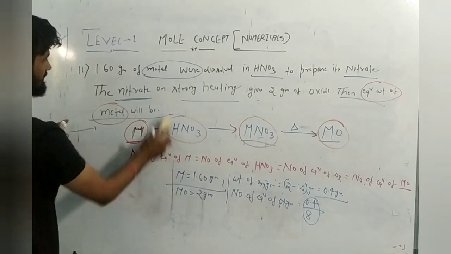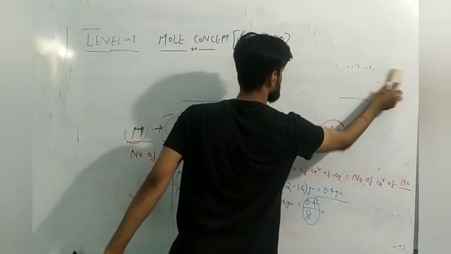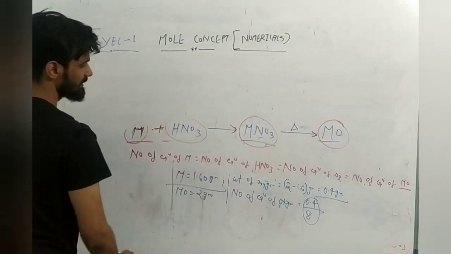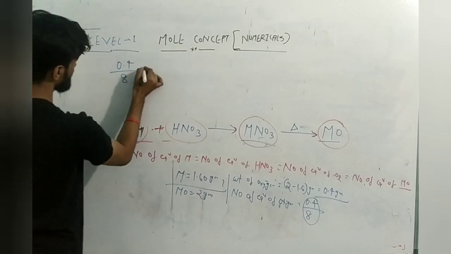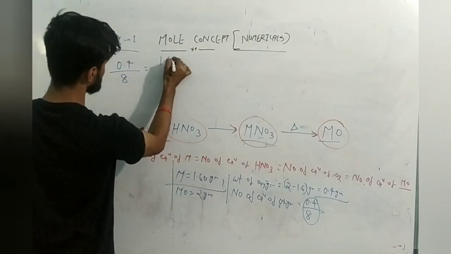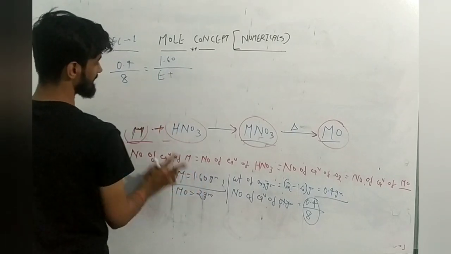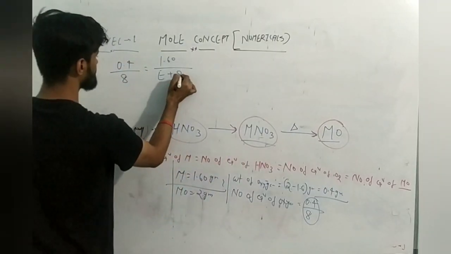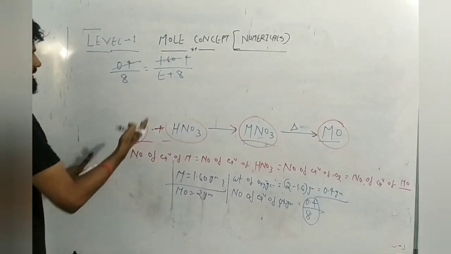So the number of equivalents, 0.4 upon 8, is equal to the weight of metal, 1.60, upon the equivalent weight of metal, E, plus the equivalent weight of oxygen, that is equal to 8.